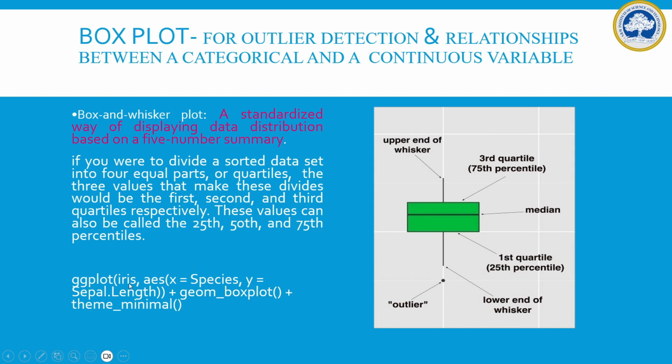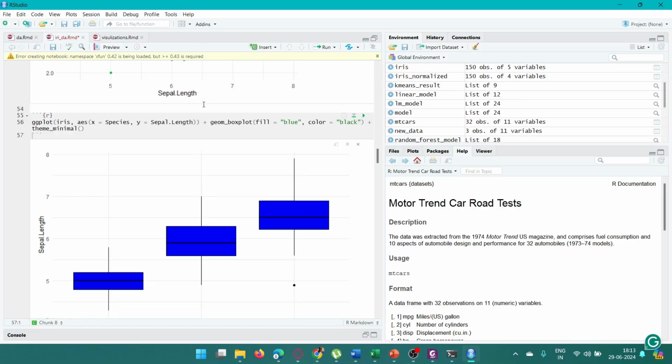Let us use the ggplot command in the R environment on the iris data set, and we'll observe how the plot is produced. So this is the command: ggplot, data set is iris.